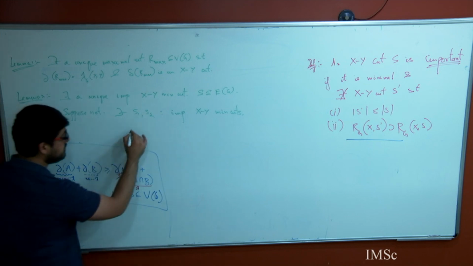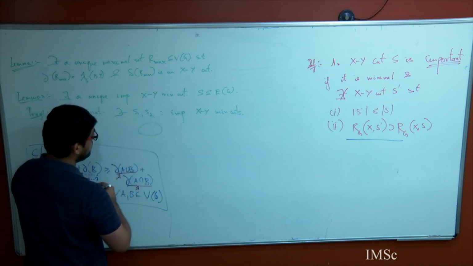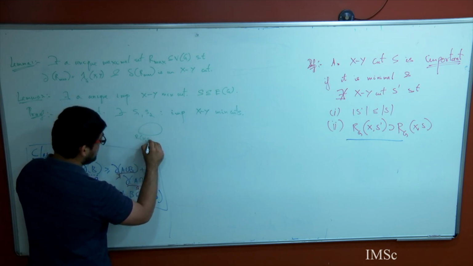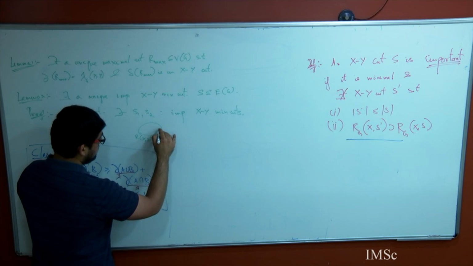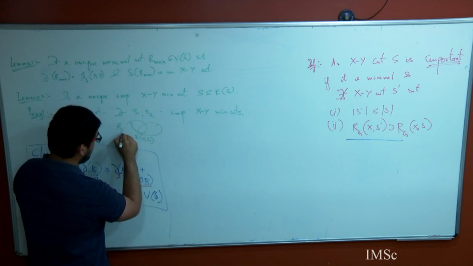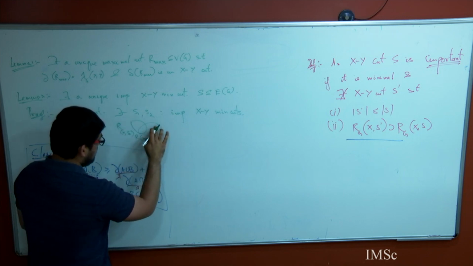Their reachability regions: here is reachability x comma S1, and this one is reachability x comma S2.